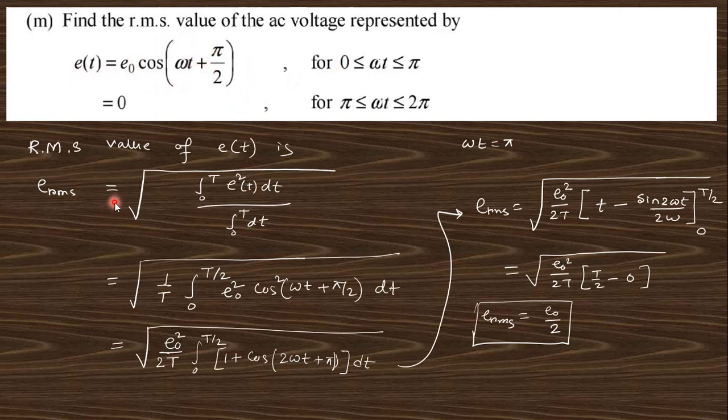You know the RMS value is nothing but the square, then mean, and then root. So just square this. Only T by 2 is used, because from 0 to pi the total is T, so half is T by 2. Taking the integration, 2 cos squared theta is 1 plus cos 2 theta, and the integration of this gives sine. If you put in the limits, sine pi equals 0 and sine 0 is 0, so for the two limits this will be 0 only. Finally you get E0 by root 2.